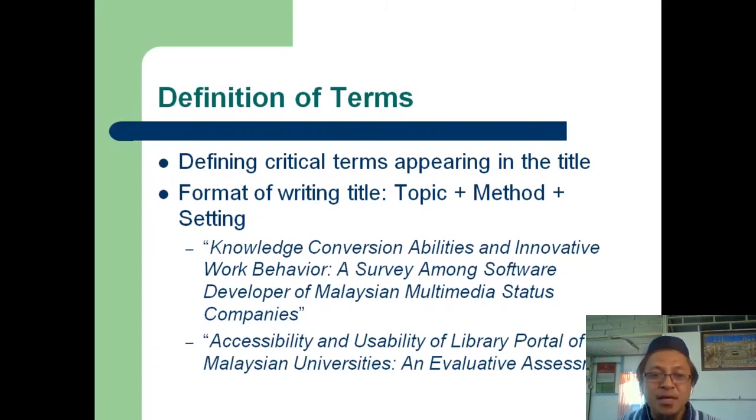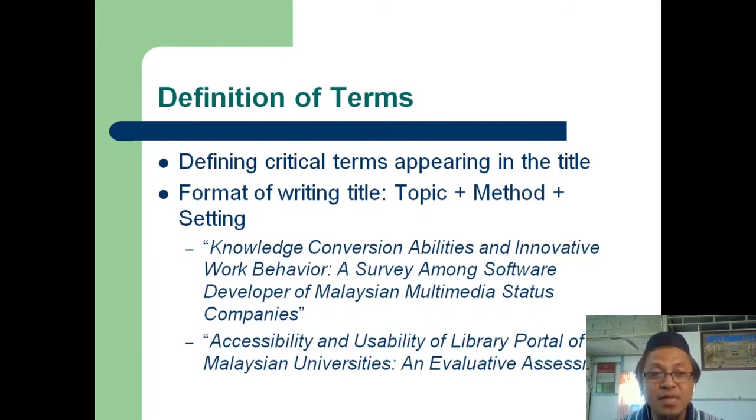An example here: knowledge conversion abilities and innovative work behavior, a survey among software developers of Malaysian Multimedia Status companies. From this title, the topic is knowledge conversion abilities and innovative work behavior, the method is a survey, and the setting is software developers of Malaysian Multimedia Status companies. Another example: accessibility and usability of library portal is the topic, the setting is Malaysian universities, and the method is an evaluative study.